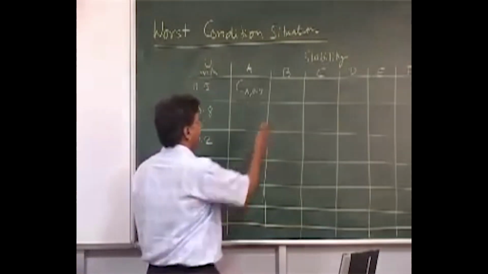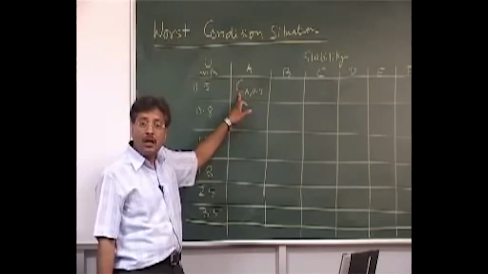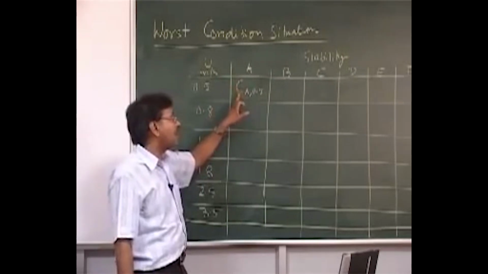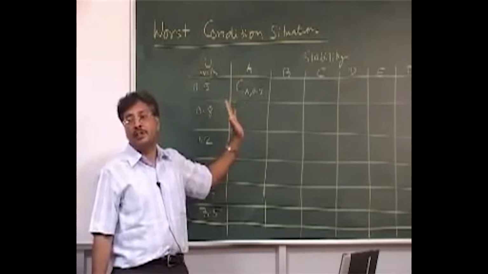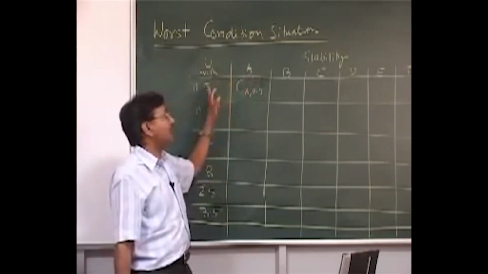This concentration is the maximum concentration for this situation. And how did we get the maximum concentration? We have implied sigma z when sigma z is 0.5 h. So this is already the maximum concentration for this condition.